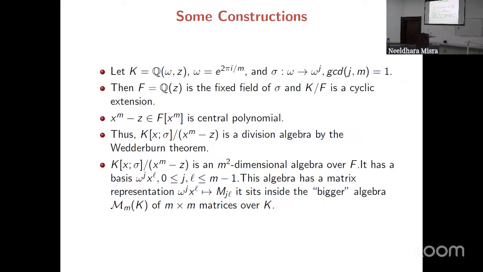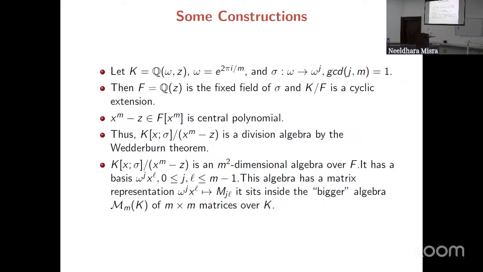So we're going to argue that this division algebra, which is K x sigma quotient x to the m minus z, sits inside homomorphically, so embeds inside this. And the mapping is very nice. X goes to the matrix where you have zeros along the diagonal, ones just above the diagonal, z at the bottom left corner, and zeros everywhere else.